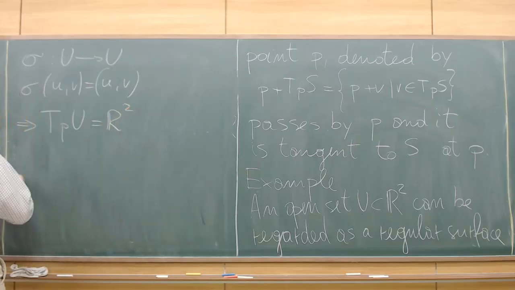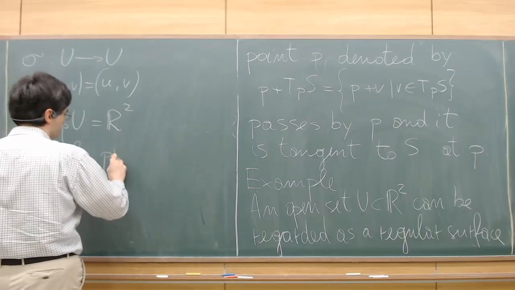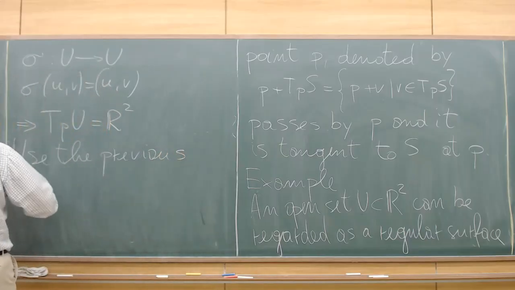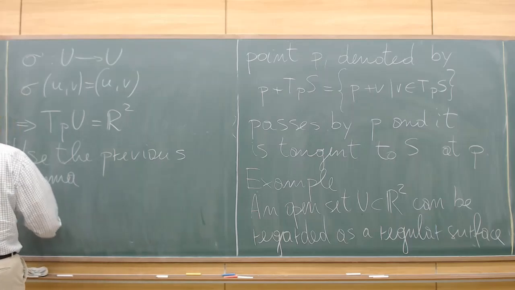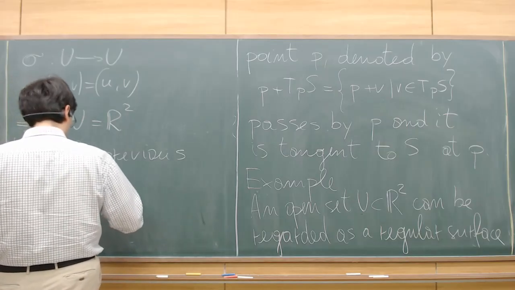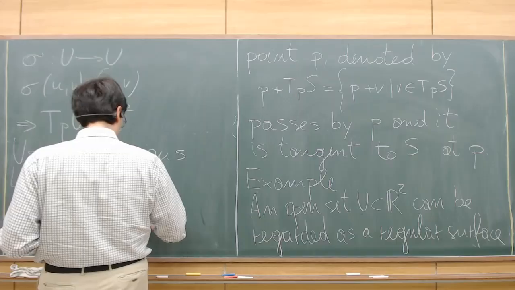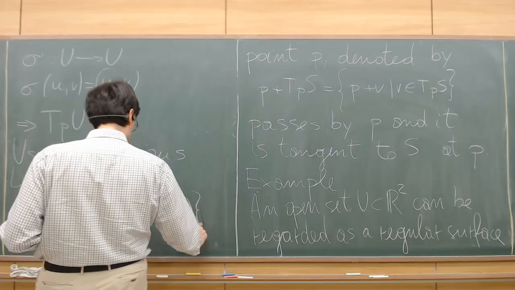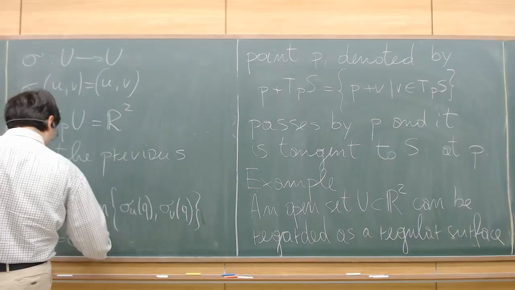Because if we use the previous lemma, we get that T_P U is the span of sigma_u(Q) and sigma_v(Q), where Q is sigma inverse of P.